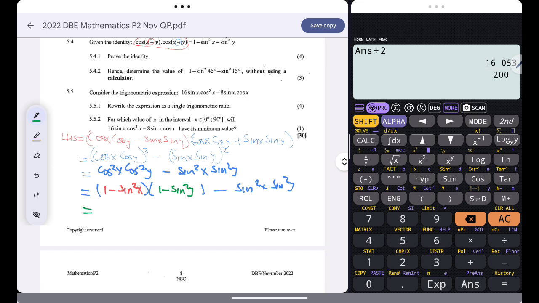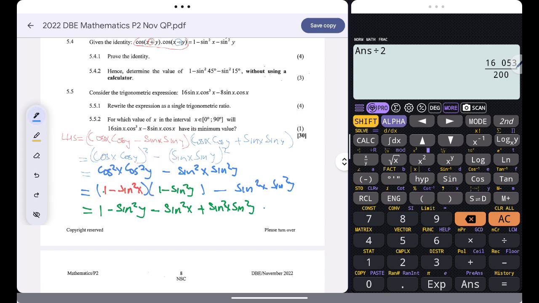So now I just have to remove the brackets. 1 multiplied by 1 will give me 1, multiplied by a negative sine squared y, I'll get negative sine squared y. A negative sine squared x multiplied by 1, I'll have a negative sine squared x, and then negative sine squared x multiplied by negative sine squared y, I'll get a positive sine squared x sine squared y, right?